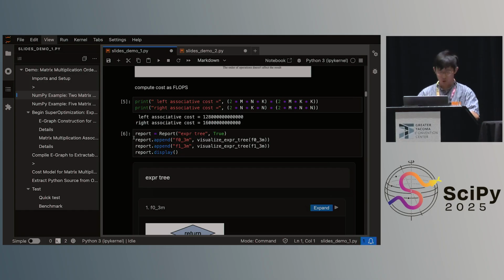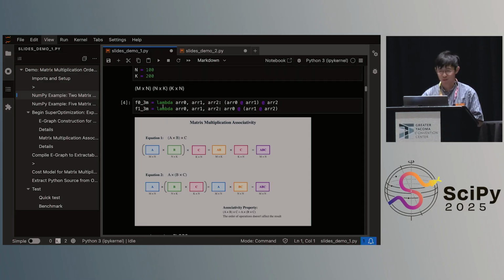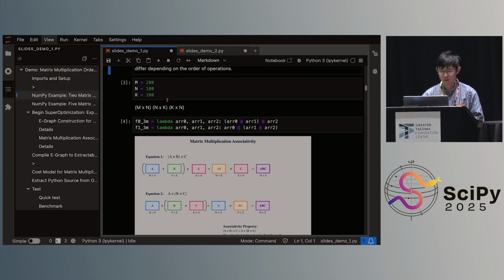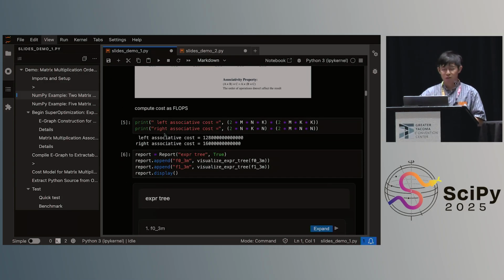If you compute the cost for these matrix multiplication operations, you can use the BLAS convention, 2mnk: basically the product of all the dimensions times 2 is the number of operations the processor needs. If you compare the left associative cost and the right associative cost, for the shape that we have, here the m, n and k, the right associative one is about 10 times less costly.